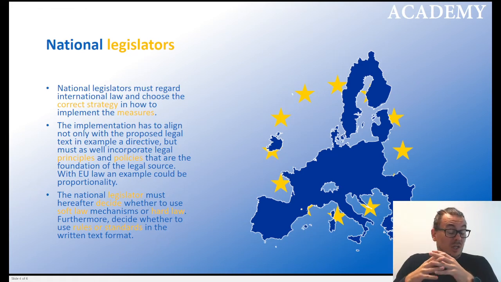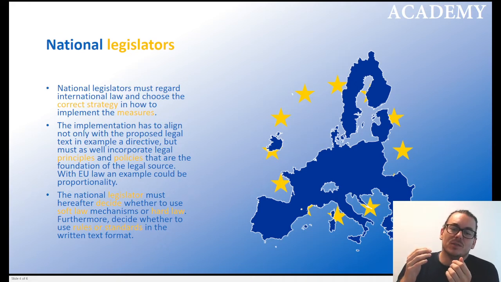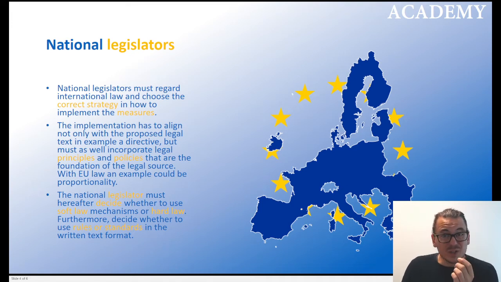It might be some elements from the preamble that you want to secure through soft law mechanisms. And after that, as a legislator, you need to say, if it's hard law, if we're writing it in the text, in the legislation, in the provisions, how are we going to do that? Are we going to do it via rules or standards, or a mix in between?